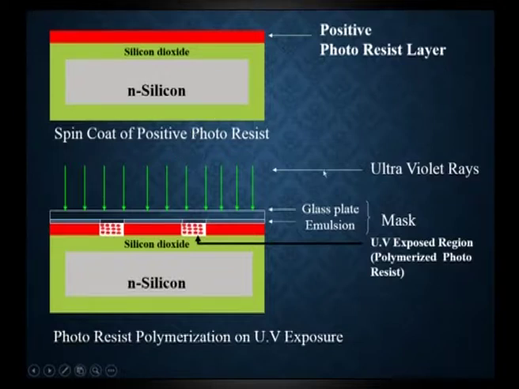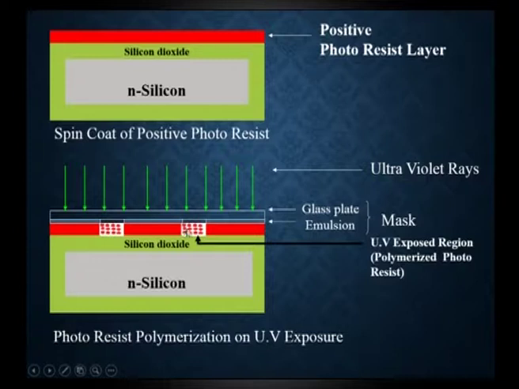After this step, the ultraviolet rays are applied. It has to be exposed to the ultraviolet rays through the glass plate emulsion. Wherever the glass plate is unmasked, only there will the UV exposed region be present.